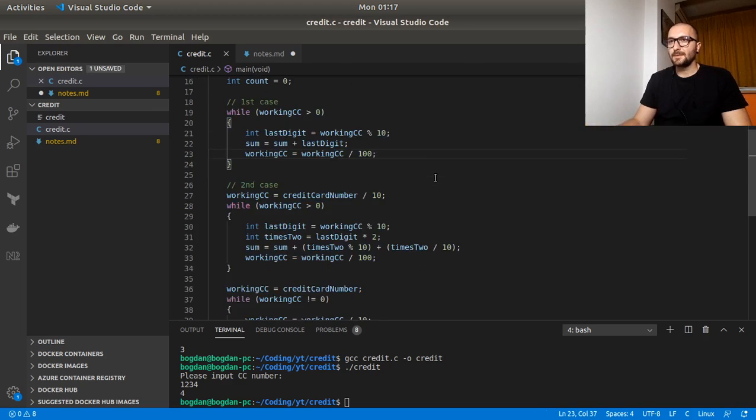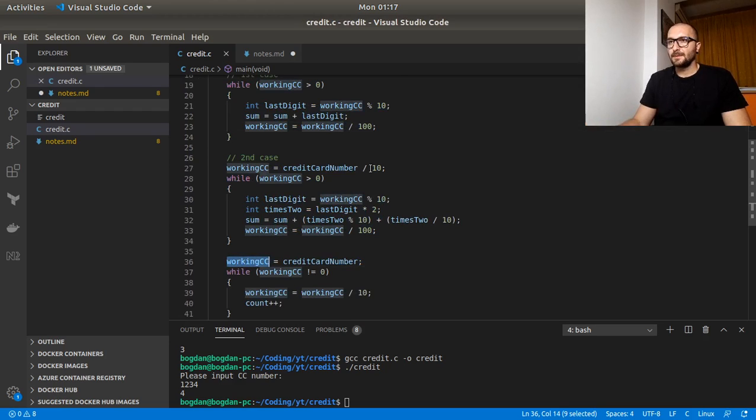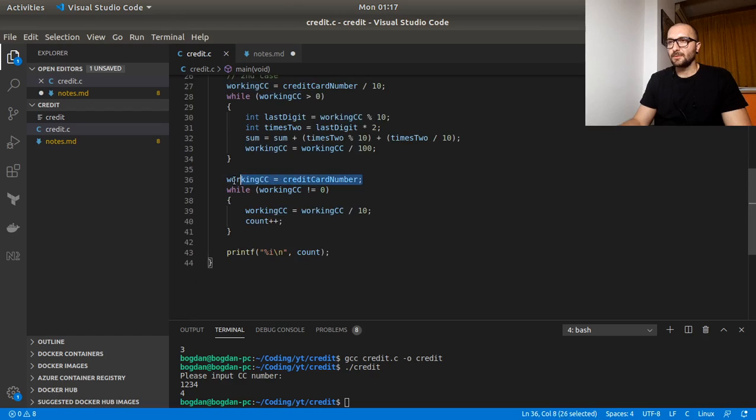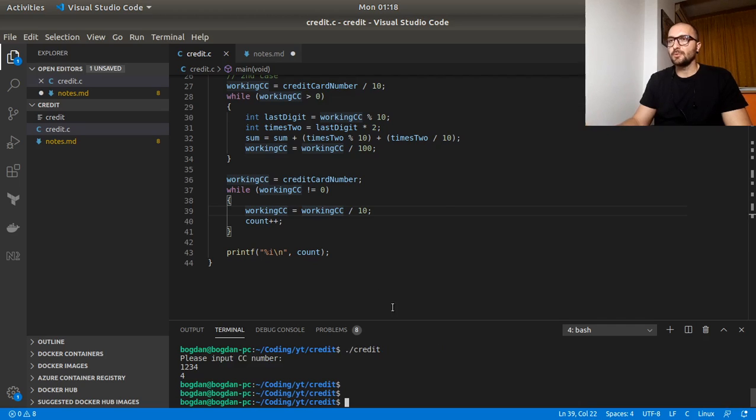Uncomment this. CC, so yeah, we modified it here, so we need it replenished. I hope we're just not overlapping here or something. Well, let's just go on, and I hope it's going to be fine. So now we have the count.